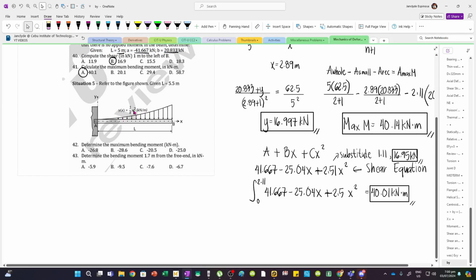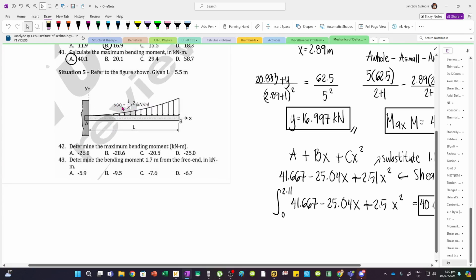Notice that here we have a function which is 1 over 8 x squared, and L is 5.5 meters. What we can do is calculate the height at this point using this function.